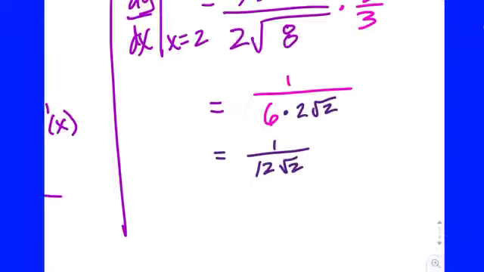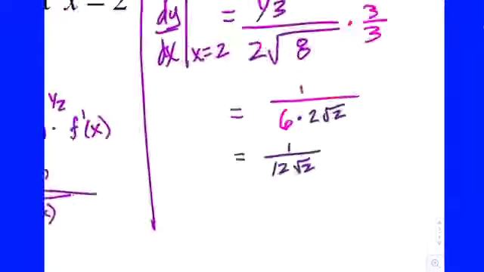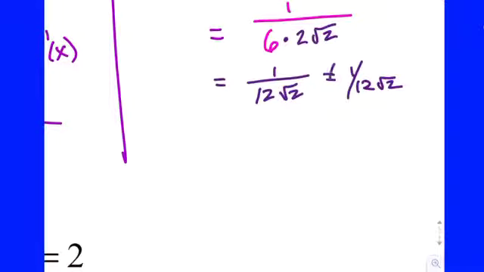Now notice, the only time I really write diagonals on my fractions is sometimes like this, when it's in a fraction itself, or when it's in an exponent. In general, stay away from slanted division bars. Is this the same thing as 1 divided by 12 square root of 2? Yeah, very good. These are not equal.